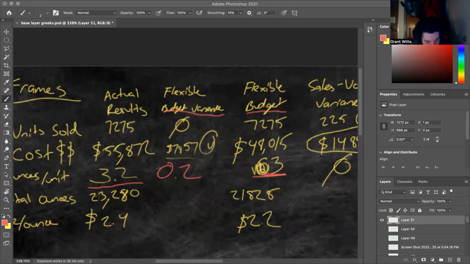Wait, where does it say that for the flexible budget it's 3? Yes, the standard input for 2020 is 3 ounces per unit, and standard is a synonym for flexible in accounting. Sorry, say that second sentence again.